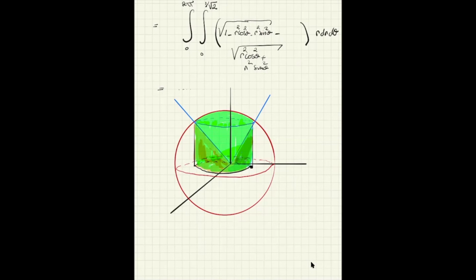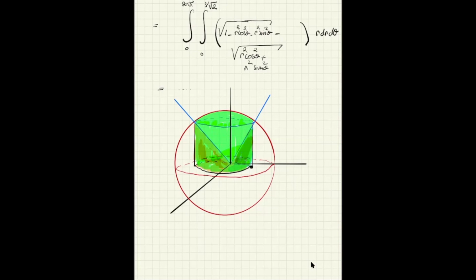The question was, let me look at it again, to express the volume of the solid above the cone and below the sphere. So this is the cone, right? It's still inside the cone, just below it.